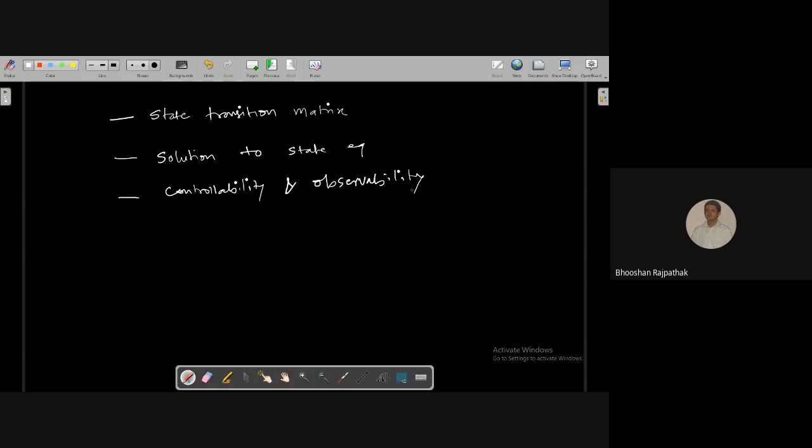So these are the three important points on which the questions are based in GATE. We will see this first: the controllability concept, and the observability concept.